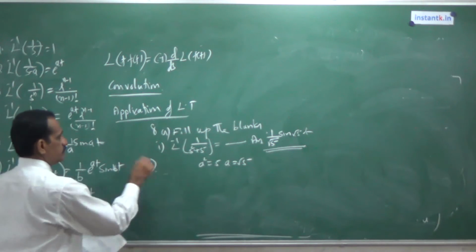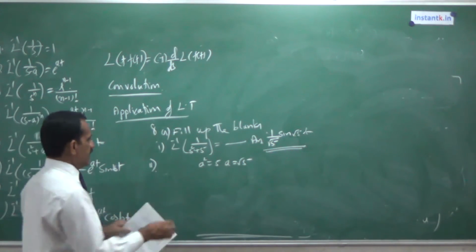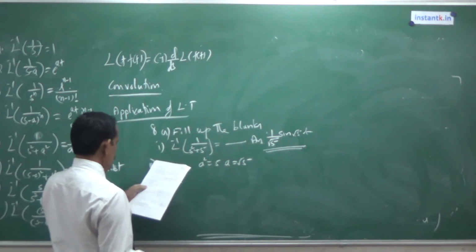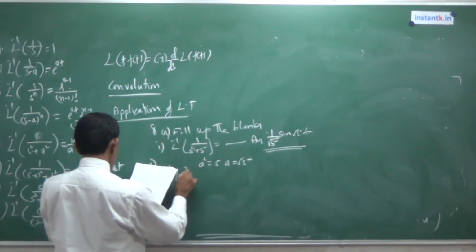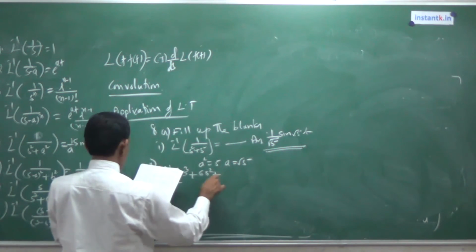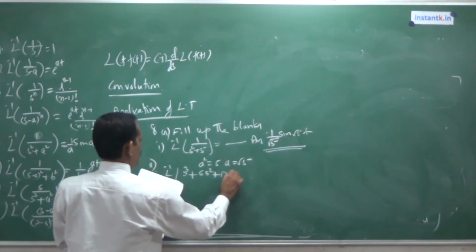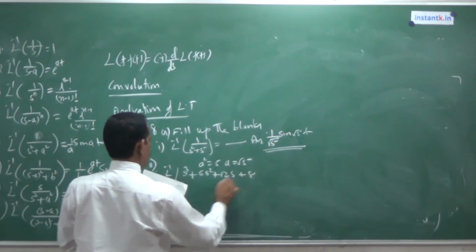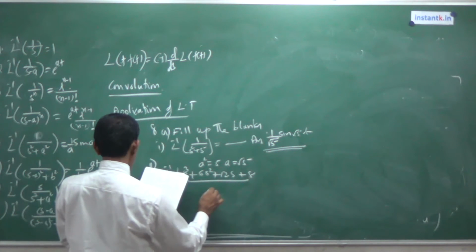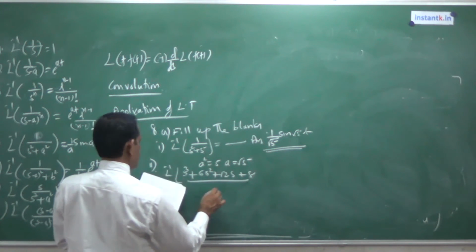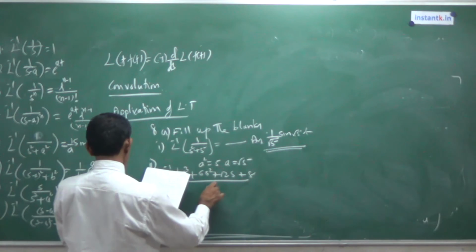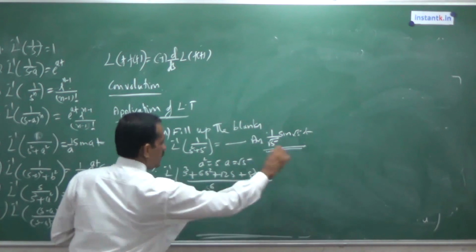What about the second one? The second question is the Laplace inverse of s cube plus 6s squared plus 12s plus 8, whole divided by s to the power 6. You have to find the Laplace inverse of this.